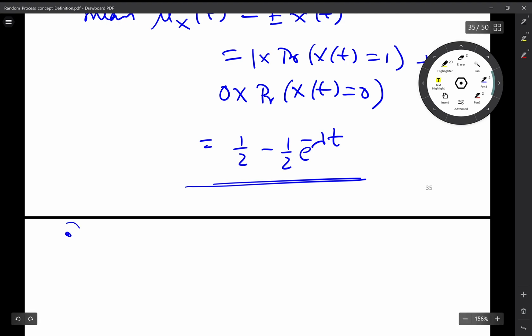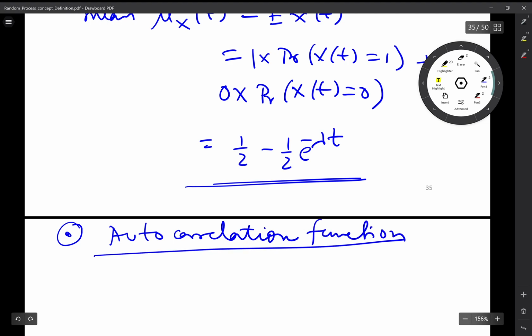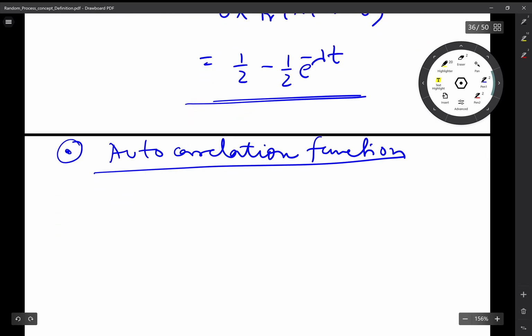So the autocorrelation function can be defined.